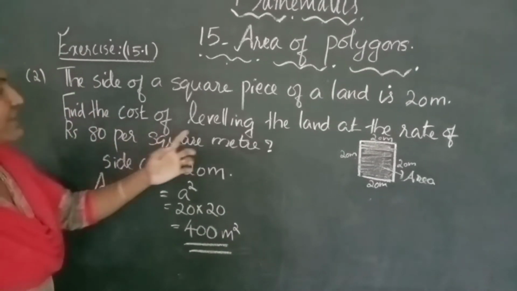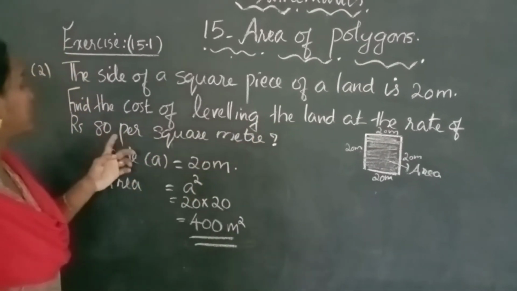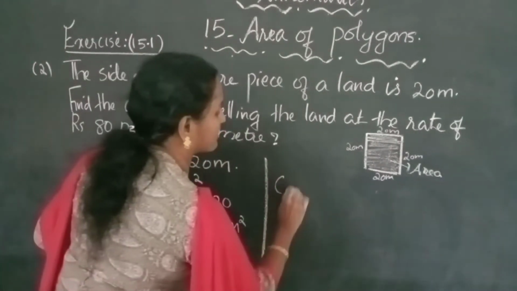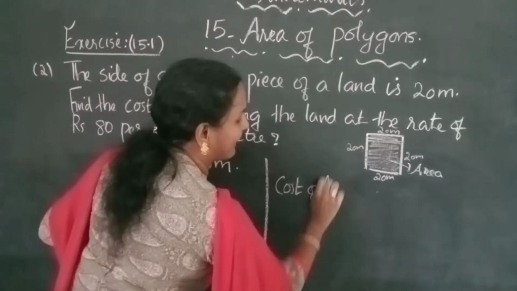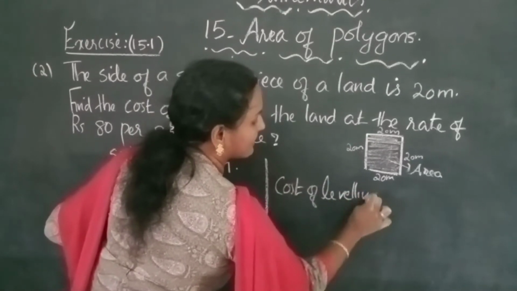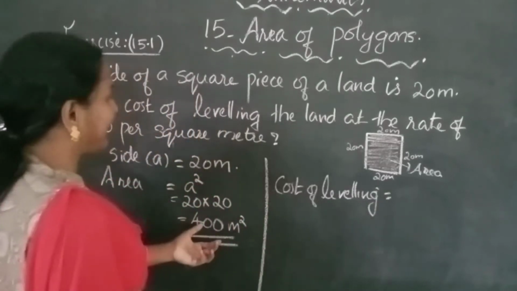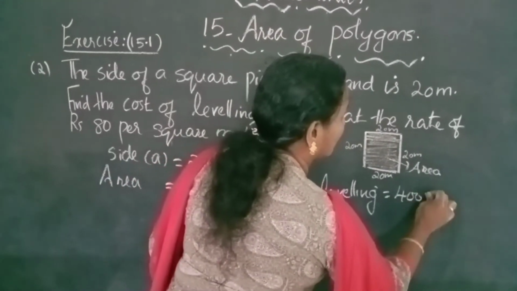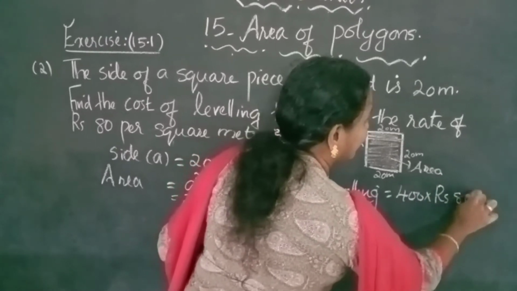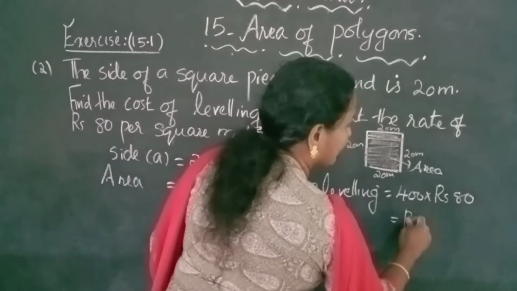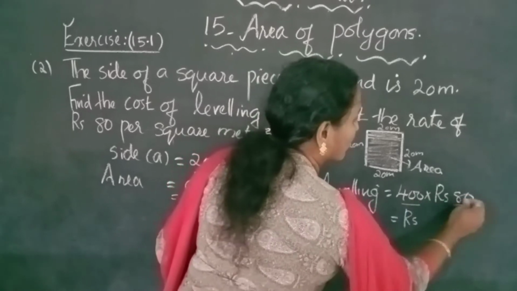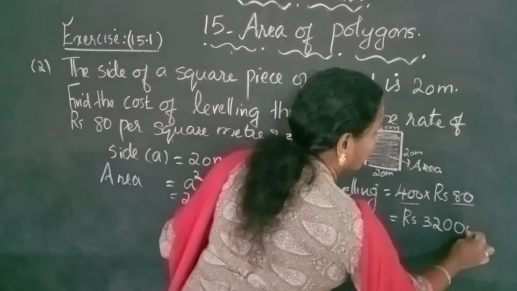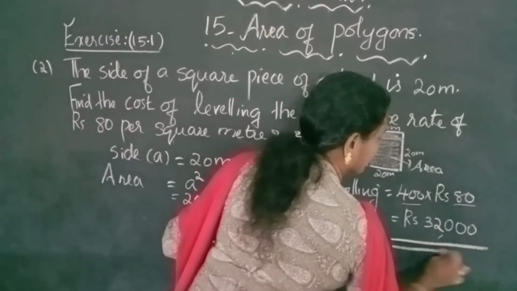Then the cost of leveling the land at the rate of rupees 80 per square meter is equal to the area into rupees 80. 400 into 80: 4 into 8 is 32, then 000. So rupees 32,000.